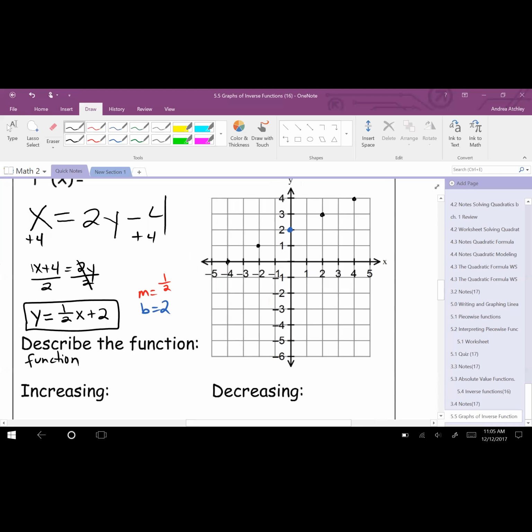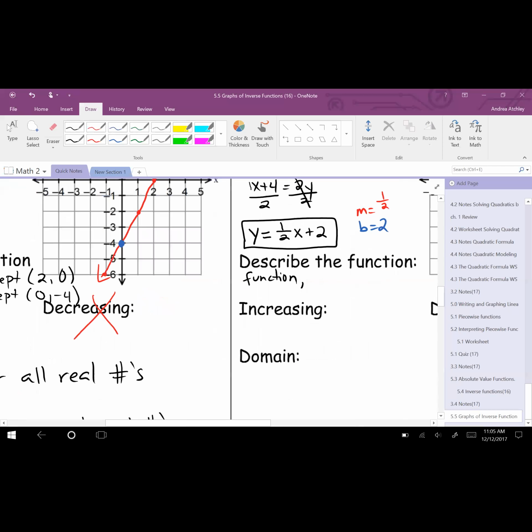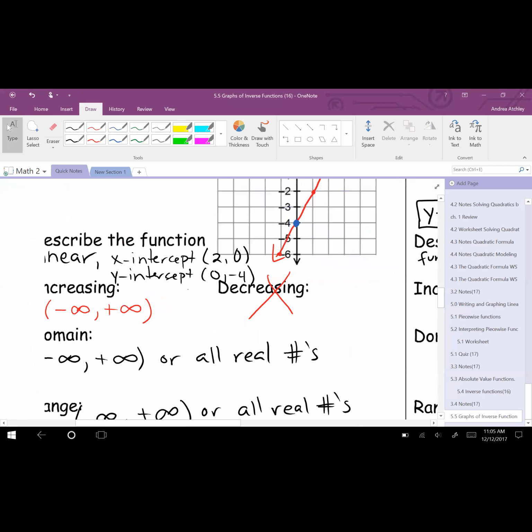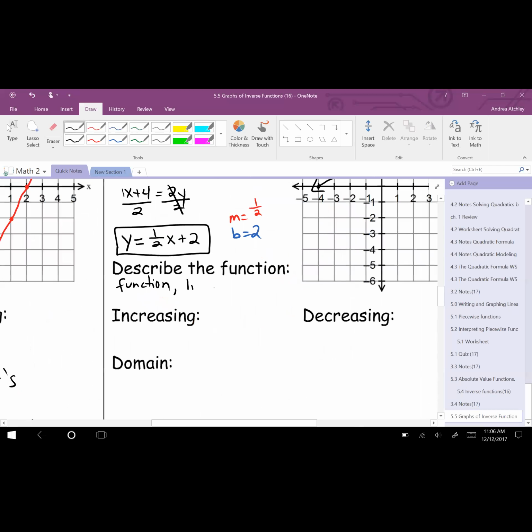I'm going to graph this. And that's my beautiful line. Like we said, it was a function. What did we say over here? It's linear. Still linear.